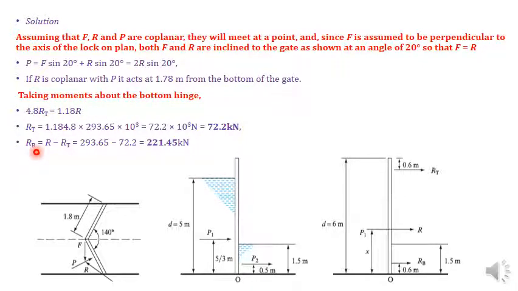First you can calculate RT, and then by subtracting from the total R you can get RB. So individual forces can be determined. These are simple: sigma Fx equal to 0 you are considering, and you get your answer. So in this way you can solve this numerical problem, and finally calculate RT, the reaction applied by the hinge on the wall, and the reaction RB applied at the bottom of the gate from the hinge towards the wall.